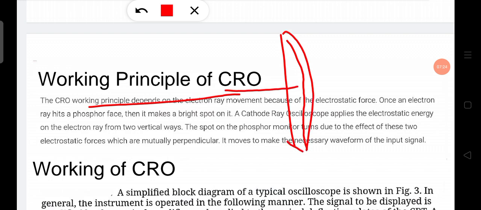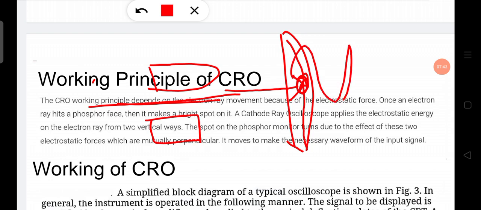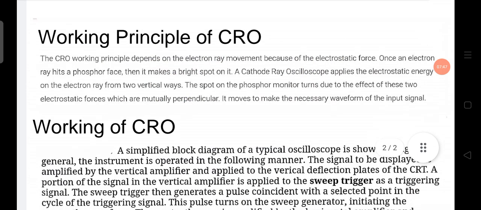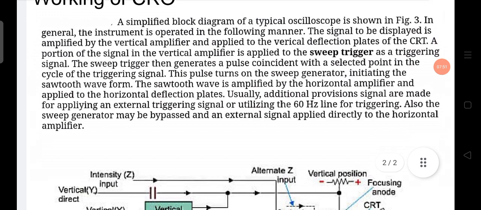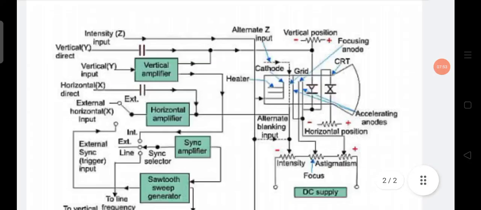When that ray hits the fluorescent screen, one white spot is generated, and by deflecting that electronic ray using the deflector plate, we can draw any graph. This is the basic principle. Now let's see the working of the CRO. This is the block diagram.